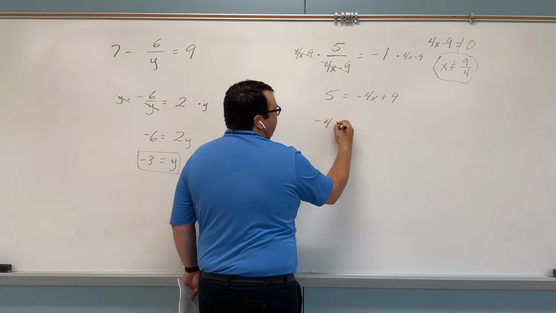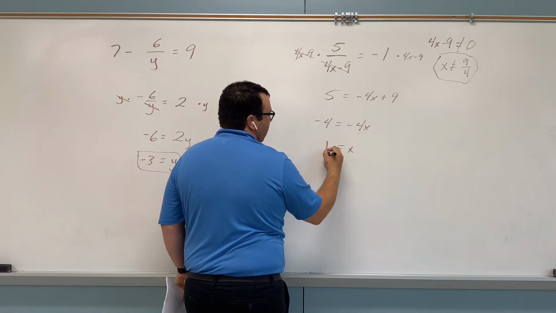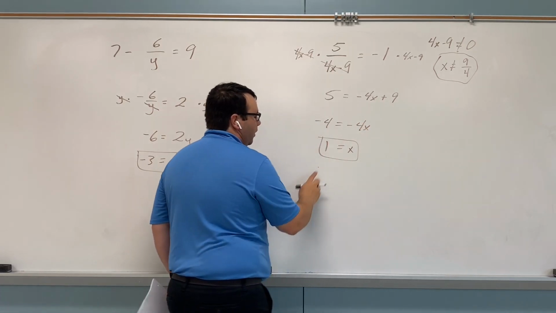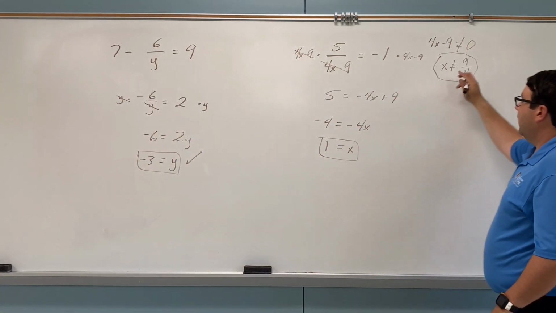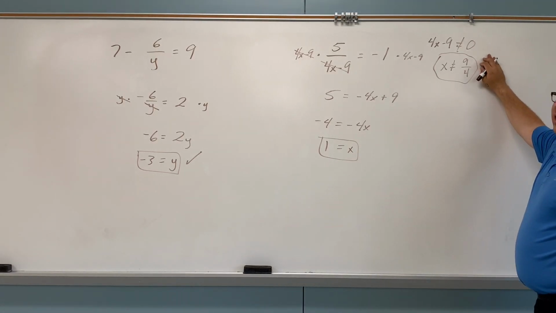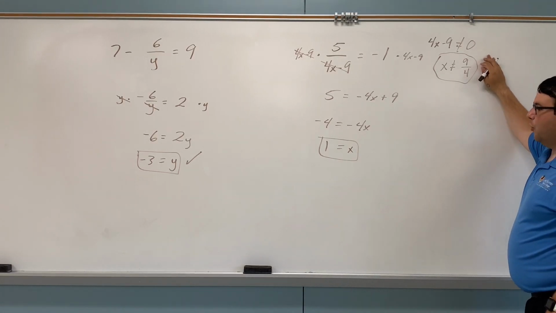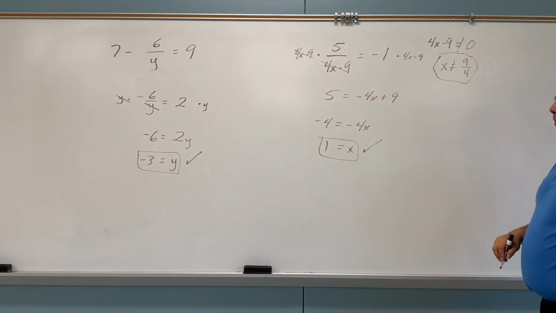That's a negative 4 is equal to a negative 4x. x is equal to 1. Check it. Can x equal positive 1? Yes, because x cannot be 9/4. There we go.